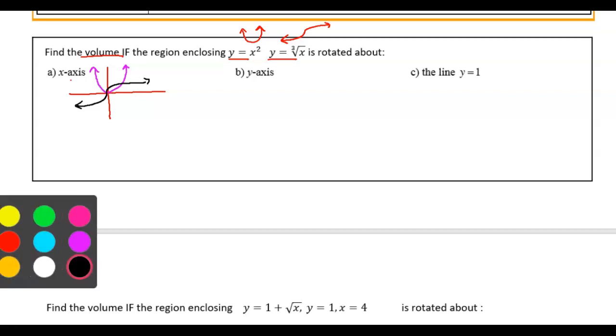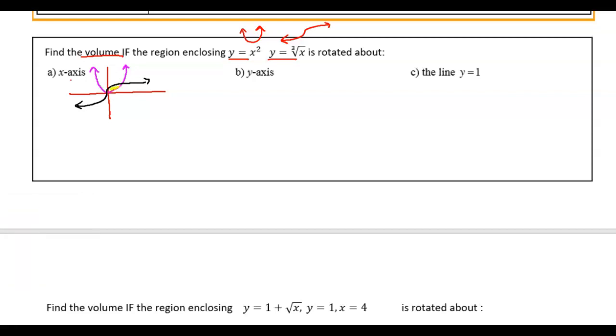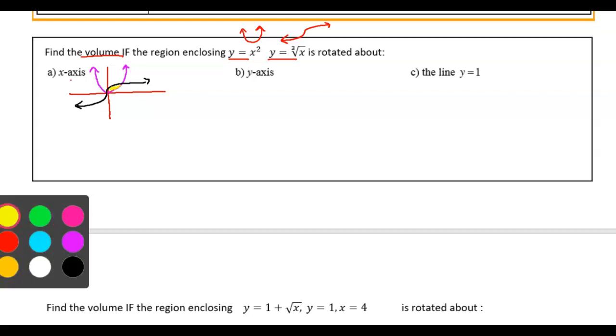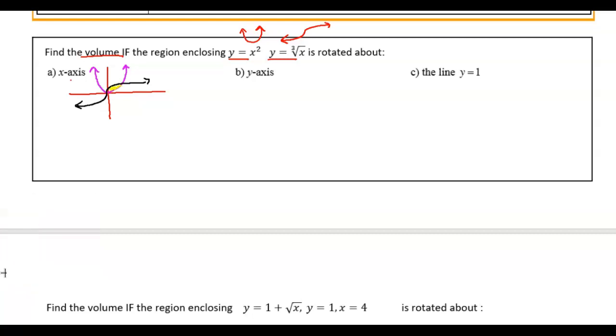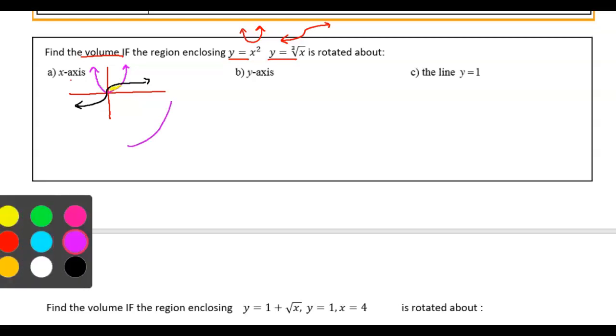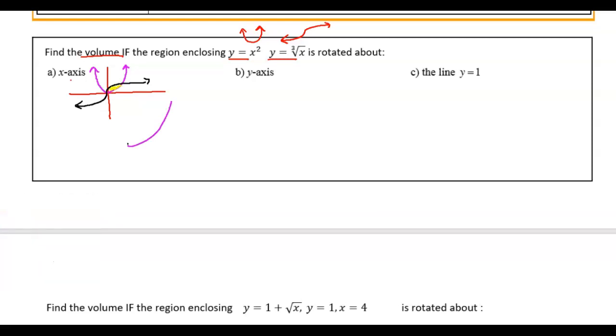And so I'm really looking at this region right here. Now, I am going to blow that up, and then on my next ones, I can just already make it bigger. And then I'm going to draw my axis because I do care about the axes. Okay, so I'm looking right there.